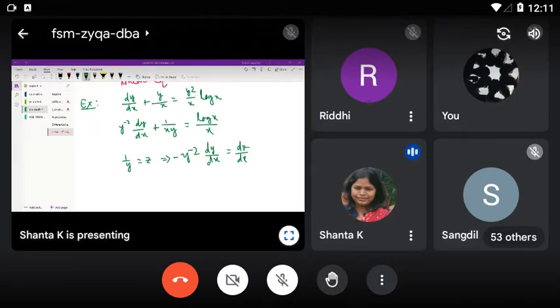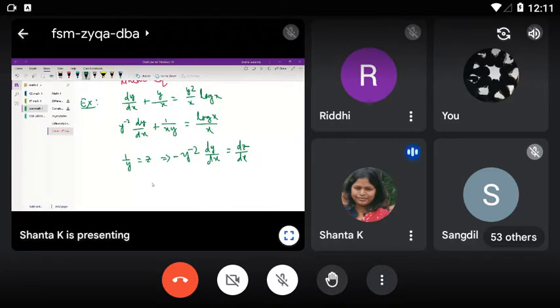So here if you substitute, we will have minus dz by dx plus 1 by y is z, so z by x, equals log x by x. So if you want, you can multiply it with a negative sign. Okay, and you know how to solve. This is a linear equation now we have. You can solve this one, find the integrating factor and solve it.